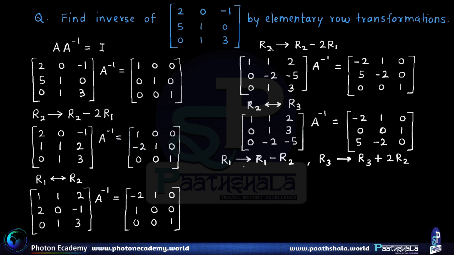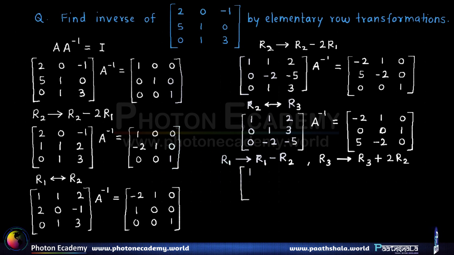So as a result of this, what we will get is, the first row is 1, then 1 minus 1 is 0, and 2 minus 3 is equal to minus 1. Then the second row is unchanged, that is 0, 1 and 3.